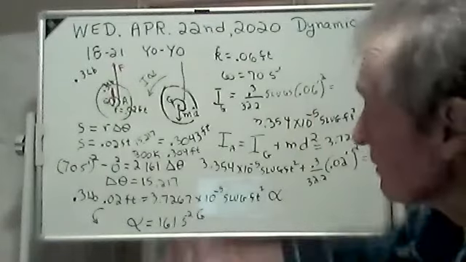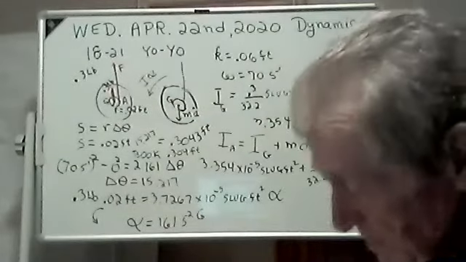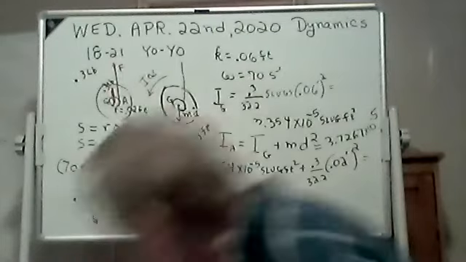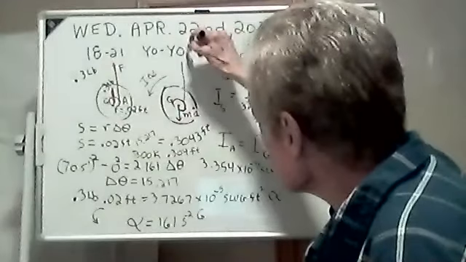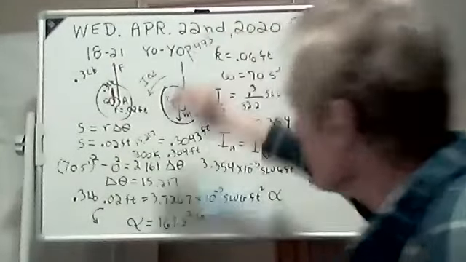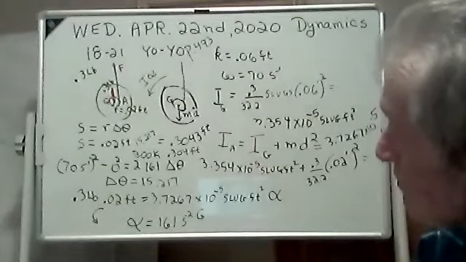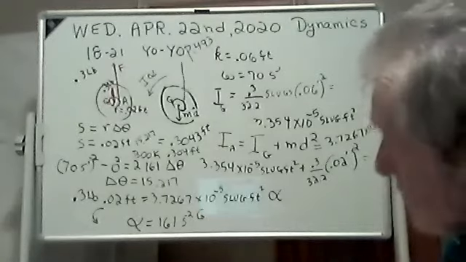But what we're doing right now is this yo-yo problem. It's 18.21, and it's on page 493. We solved it with Newton's second law. Now we're going to do it with the work energy.